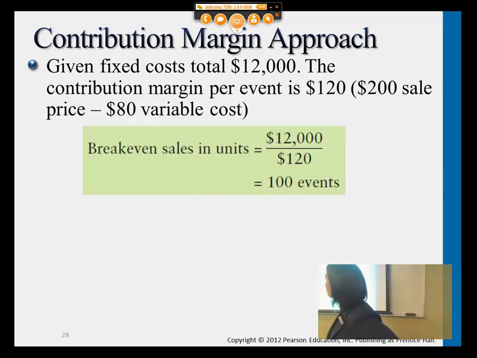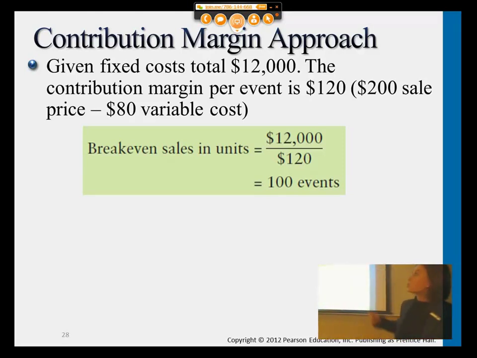That's it. So just to finish this thought, let's finish the contribution margin approach. Once we have this fixed cost of $12,000, and we know that the contribution margin is 120, we have the $80 variable cost, and 200 is the sales price. So contribution margin per event is 120, the difference.